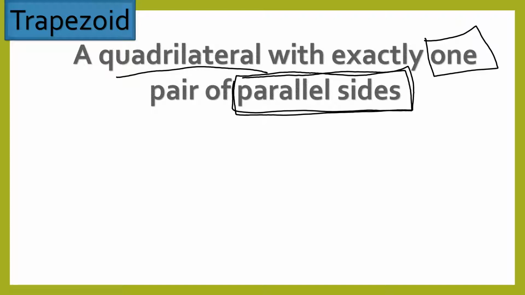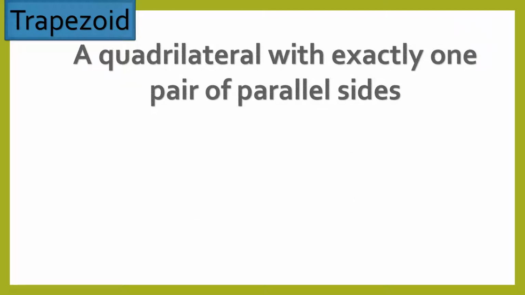Let's talk about parallel. Parallel is just 2 lines that run in the same direction. These lines are not parallel, they intersect. Parallel means you run in the same direction. So, how about a rectangle?